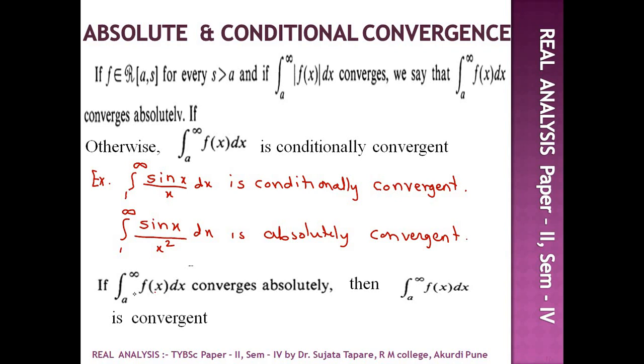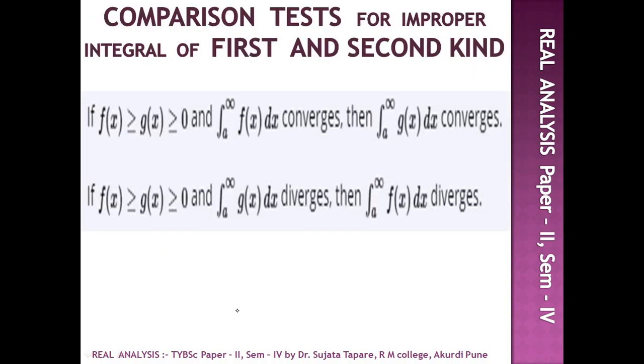If the integral from a to infinity of f of x dx converges absolutely, then the integral from a to infinity of f of x dx is convergent. So when any integral converges absolutely, then the integral is also convergent. Now comparison test.